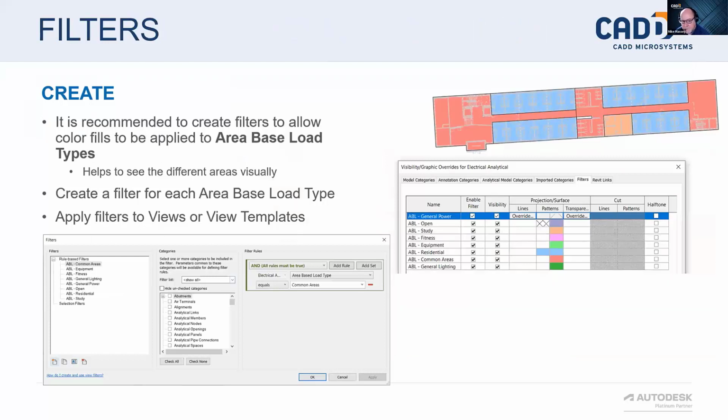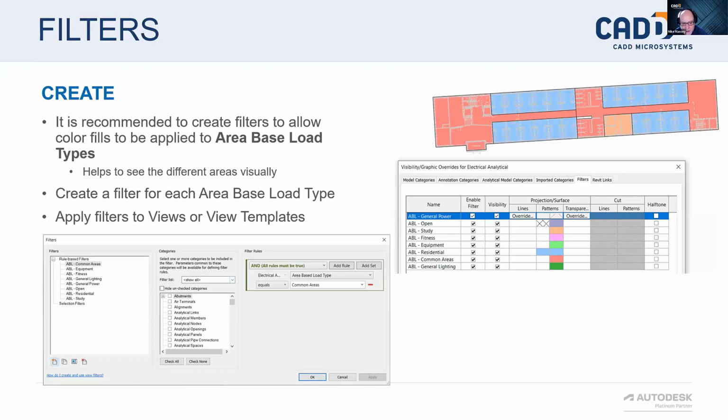I do recommend the use of filters when you do this, because without filters, all these areas will look exactly the same. And so filters will allow us to create color codes so we can visually tell which area is where in our plans. So I recommend creating a filter for each type of load that you have in there.